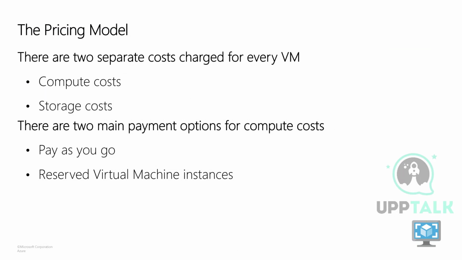If you look at the costs over here, when it comes to the pricing model, though it talks about compute cost and storage cost, there are actually a number of factors involved when you are pricing a virtual machine. The slide mentions 4 options or details, but I don't think it covers all the aspects.